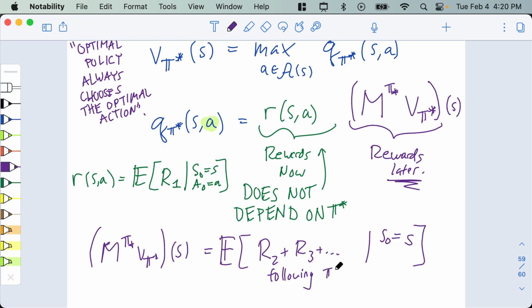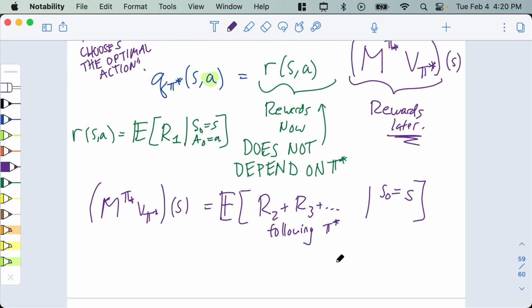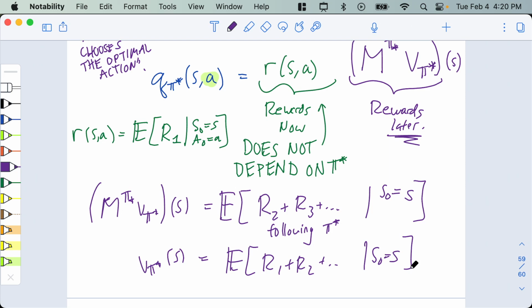This is in contrast to v pi star, which is the total returns starting at the beginning: R1 plus R2 plus dot dot dot, given S0 equals s. So one of them is shifted forward in time, and multiplying by m exactly shifts things forward in time. I think I called this the backwards Kolmogorov equation many classes ago.